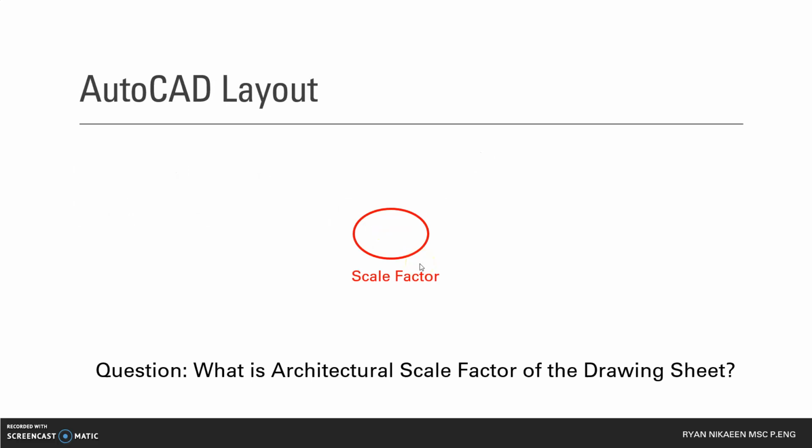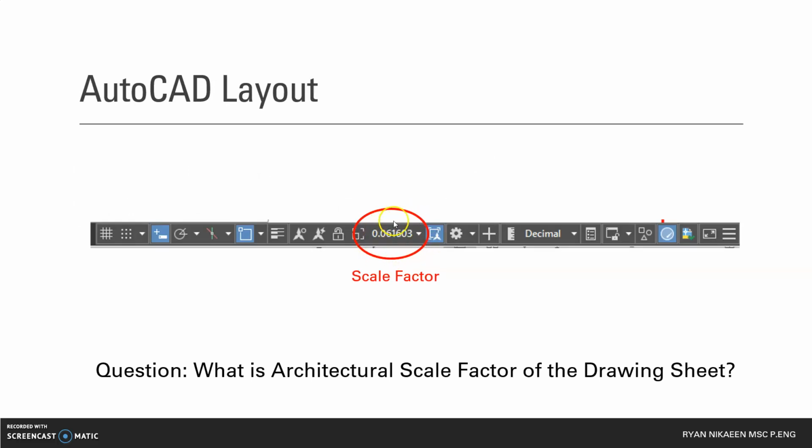So now just imagine that we have a number and that's our scale factor, and from the scale factor I want to find the architectural scale of the drawing. To do this, I'll show you an example here.